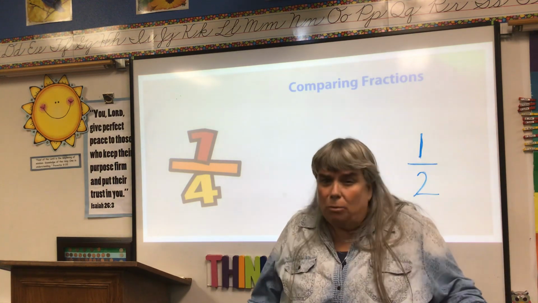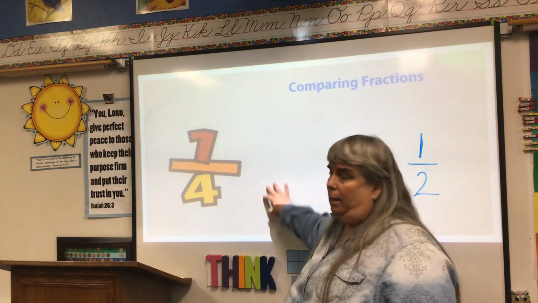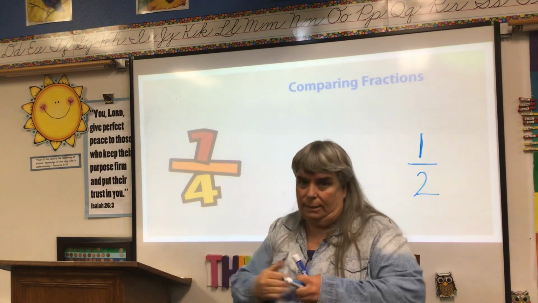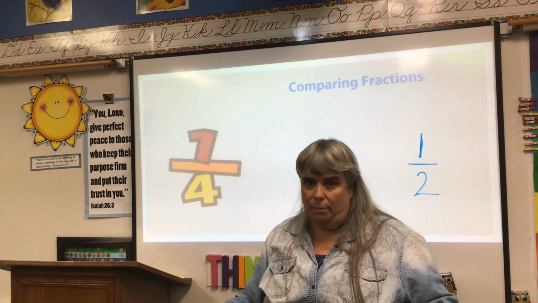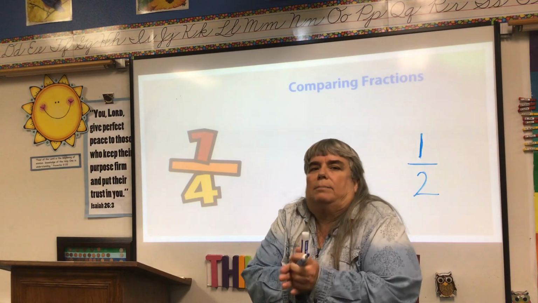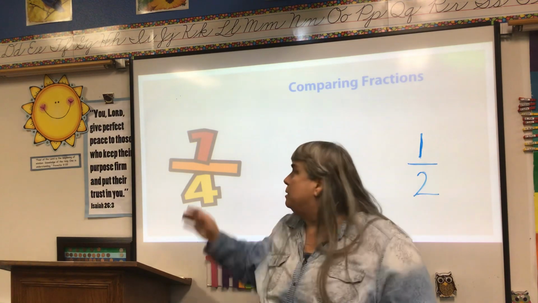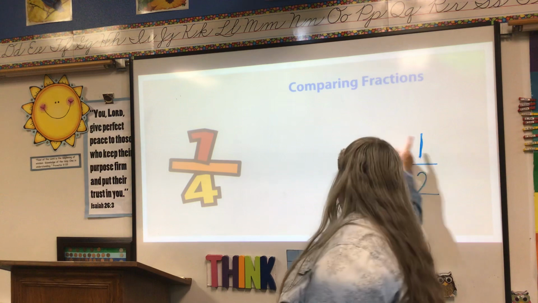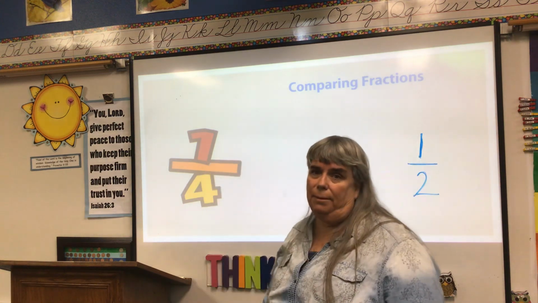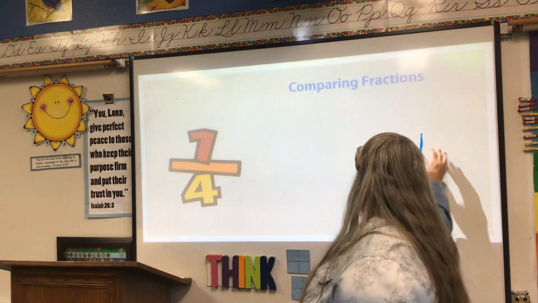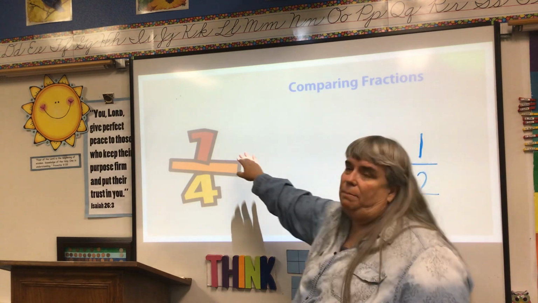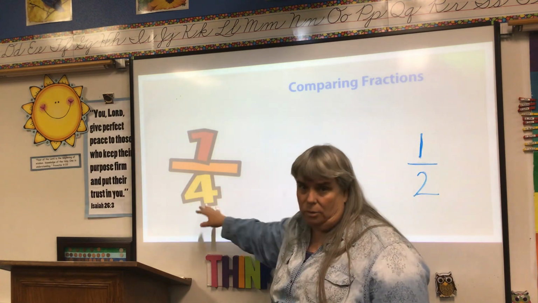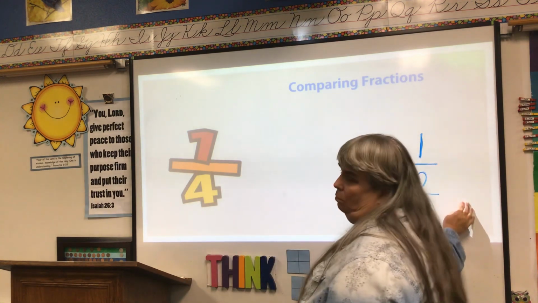Now, if you can keep in your mind that there was one pizza, and every time we slice it an additional time, we're making all those slices smaller, right? Especially when we're talking about unit fractions, because the ones are on the top. 1/4 compared to 1/2, I have one pizza split into 4 parts, or one pizza split into 2 parts.